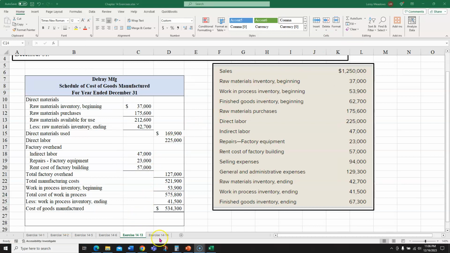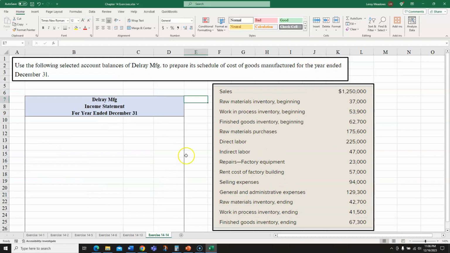Okay, so let's go on to the next exercise here. And this will be a continuation of this Delray manufacturing. Now it says use the following selected account balances of Delray manufacturing to prepare a schedule of cost of goods manufactured for the end of the year. So the income statement is going to be comprised of what? The sales minus the cost of goods sold.